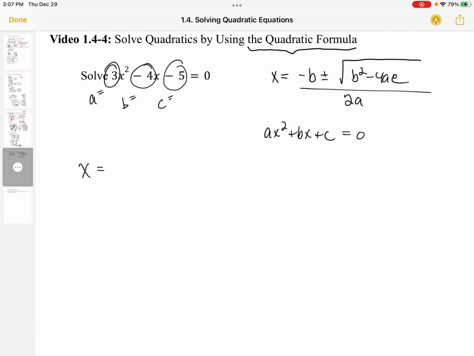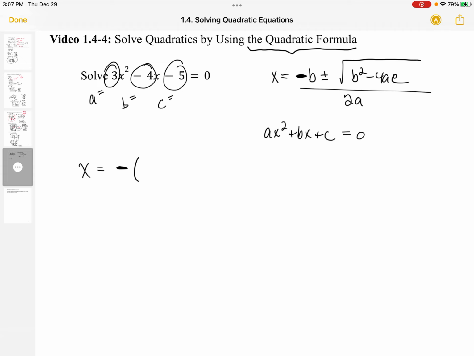So we have x is equal to negative. I'm making sure the negative is coming straight from the formula here. Okay, so this negative sign's coming from the formula. I'm going to substitute all of my values into parentheses. So it's going to look kind of a mess, but it's going to help me stay organized.